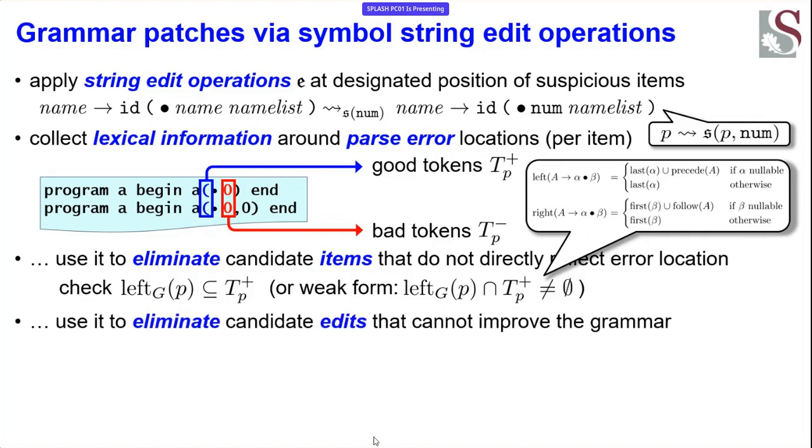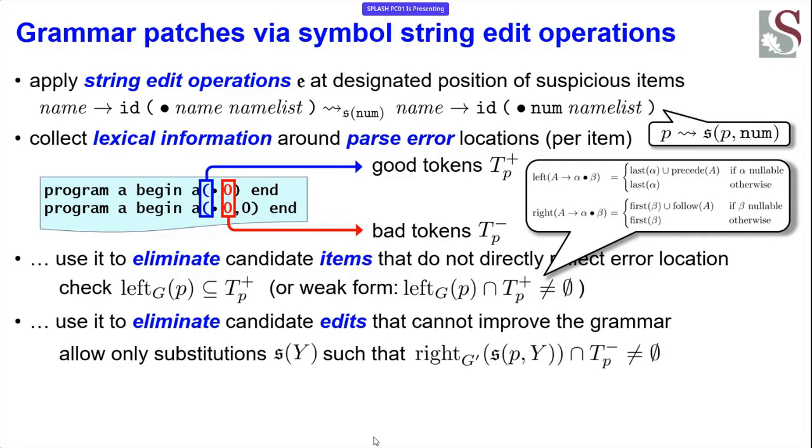Similarly, we use this information to throw out candidate edits that cannot improve the grammar. And the idea here is that we only allow such substitutions such that the right-hand side of the patched rule eats up at least one of the bad tokens. Right? If the change to our rule doesn't allow us to actually eat up at least one more input symbol in at least one test case, then it can't fix the grammar.